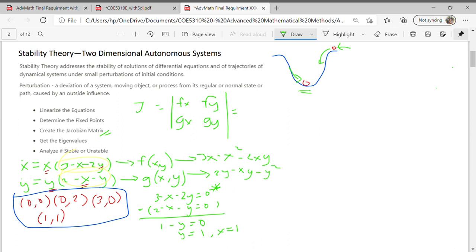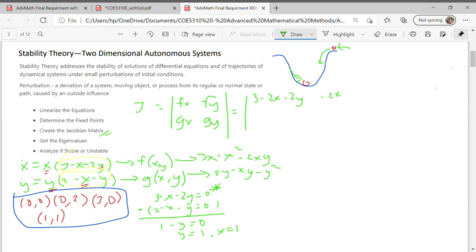Okay, so we get the partial derivative of the function f with respect to x. So we get 3 minus 2x minus 2y. Then the other one with respect to y, we get negative 2x.